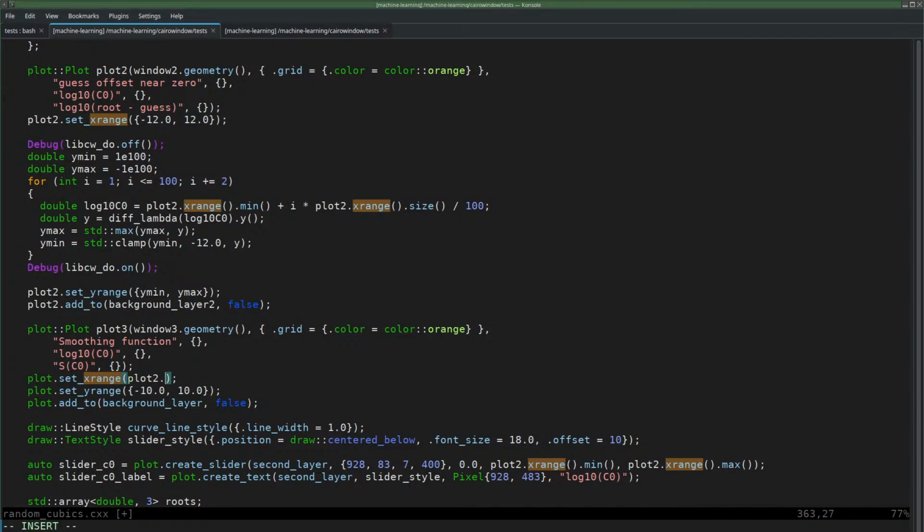This is of course plot 3. I don't know the y range yet, or do I? Well, that's going to be the smooth function, so that's definitely going to be between 0 and 1.